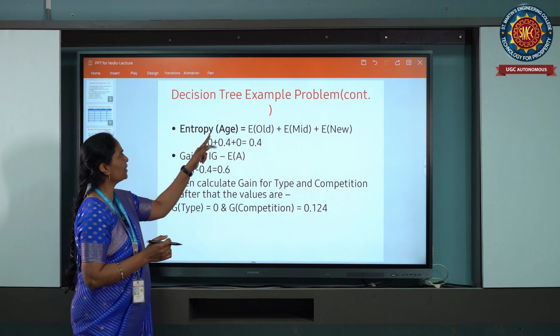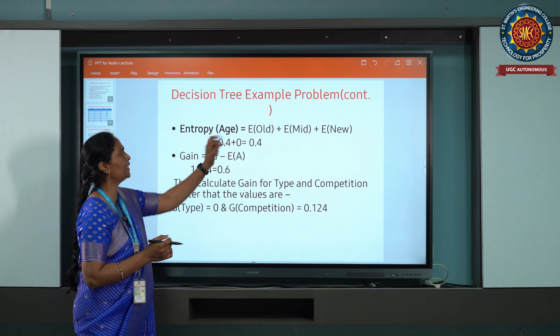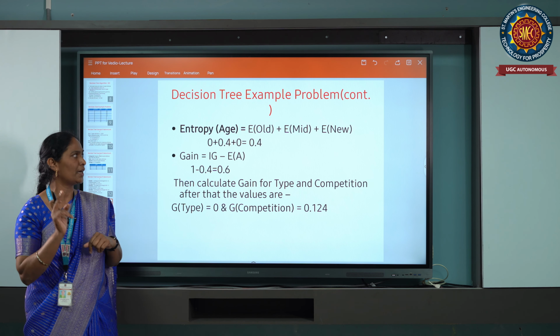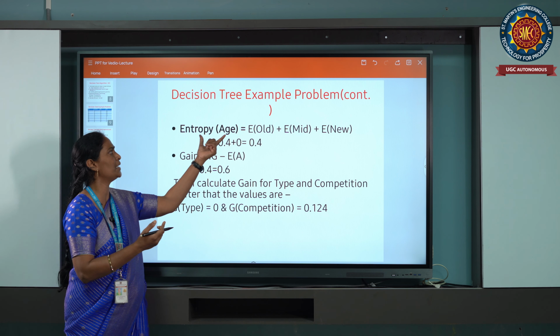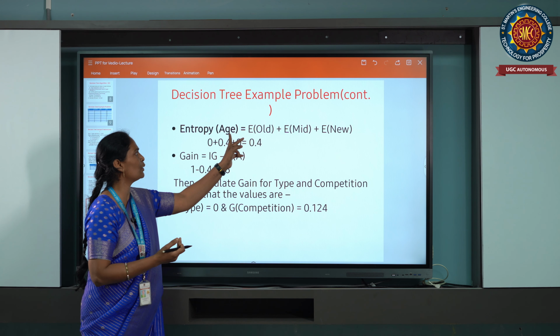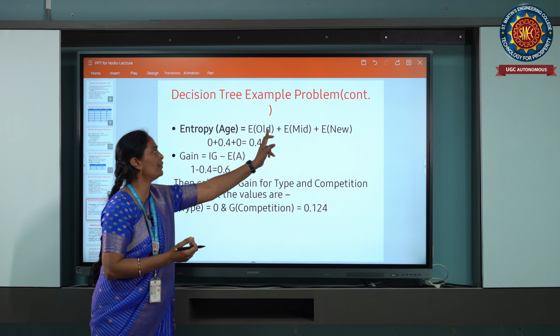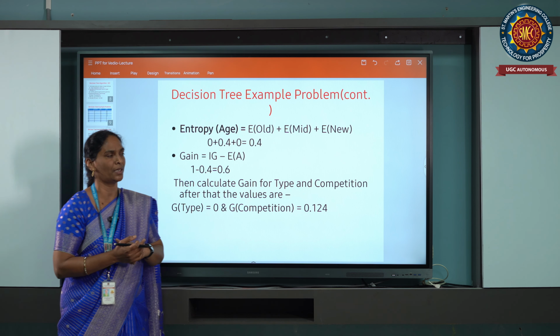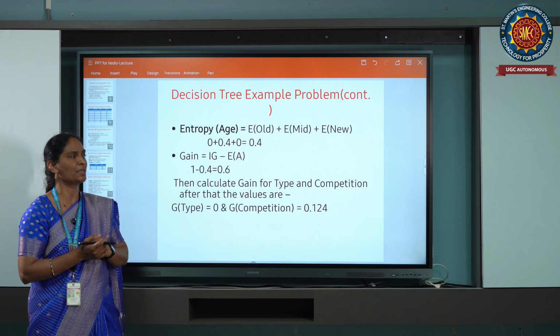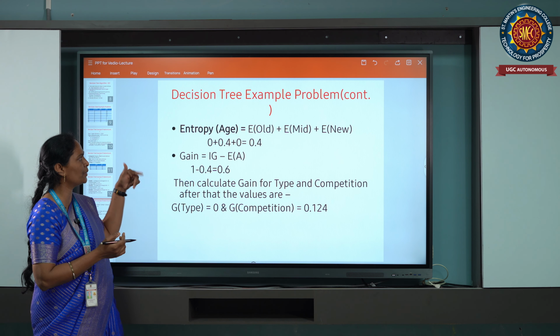So by taking all these values, we are calculating the entropy of age here, only for one attribute of the employee. The entropy of age is entropy of old plus entropy of mid plus entropy of new. So these three values we have to calculate. We have calculated them from the previous slide.